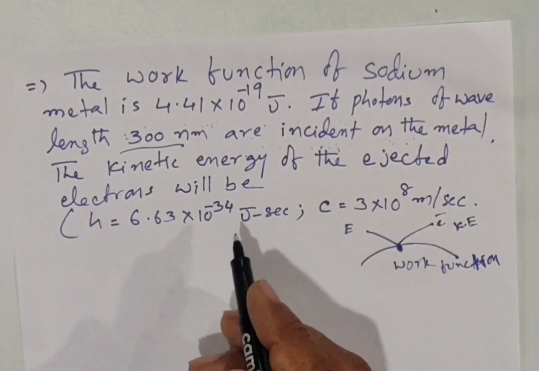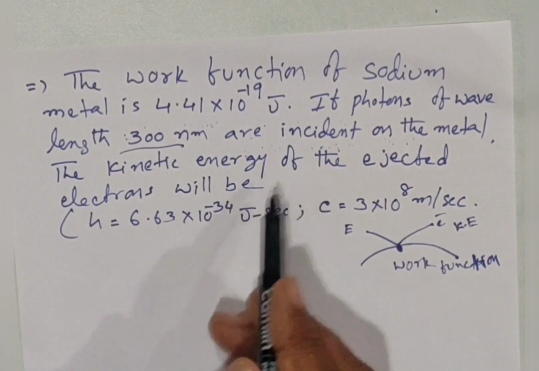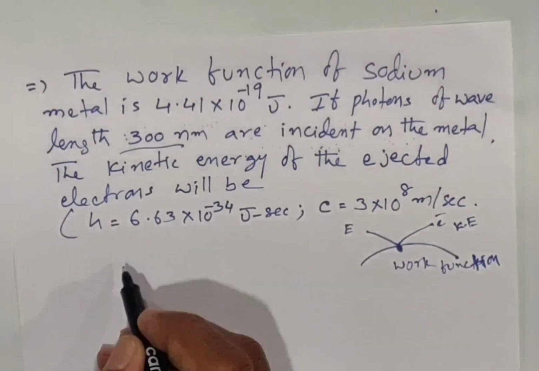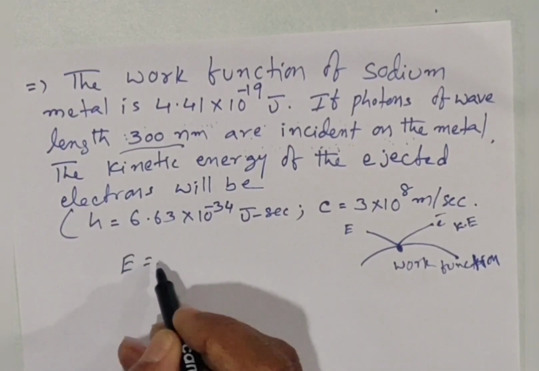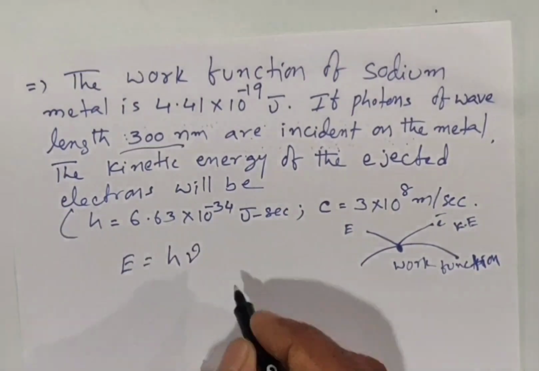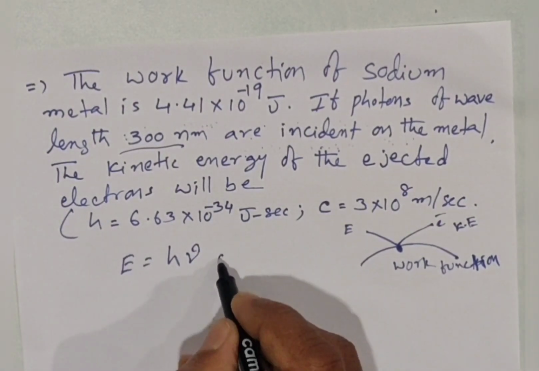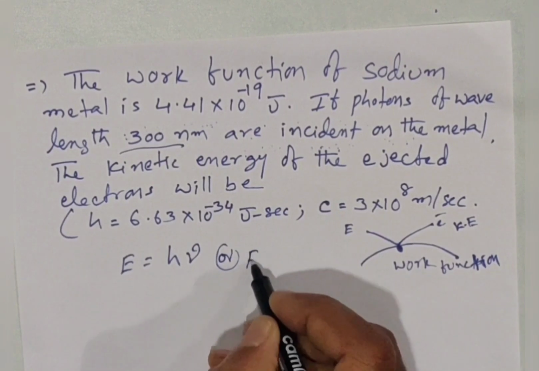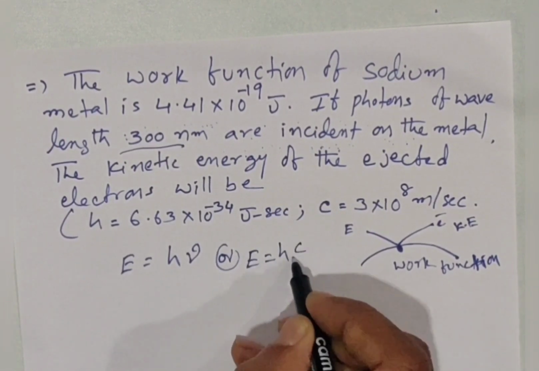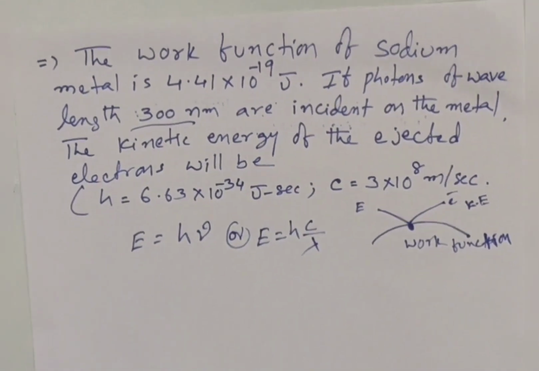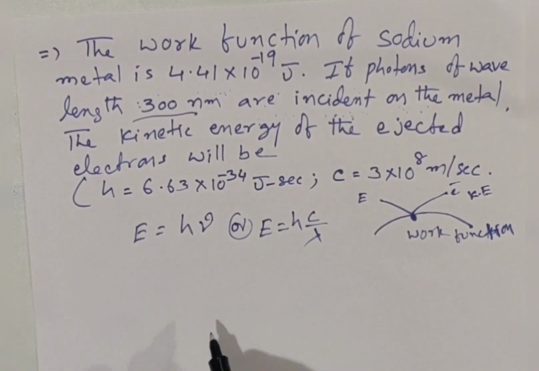Now first, based on this data, you have to calculate the energy first. E is equal to h nu, right? Or E is equal to hc by lambda, because nu is equal to c by lambda, right?